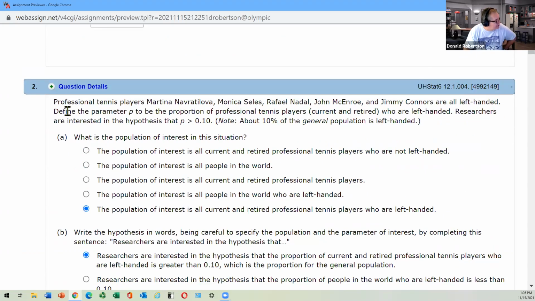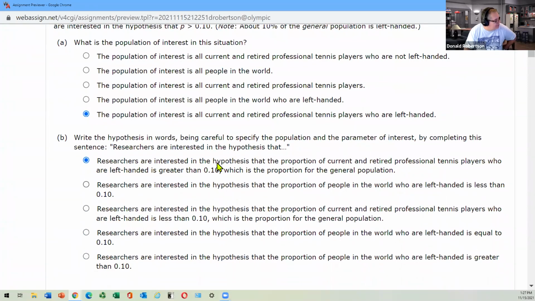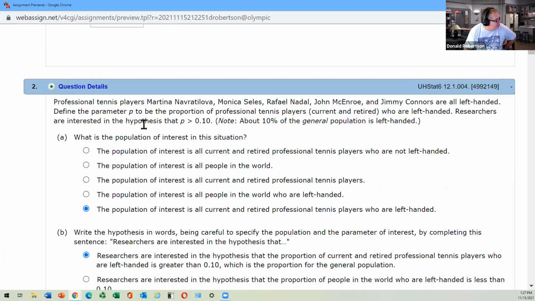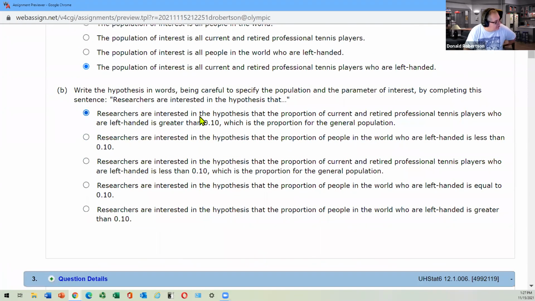Define the parameter P as a proportion of tennis players, current and retired, who are left-handed, which is why I chose that answer, right? And researchers are interested in the hypothesis that this is bigger than 10%. Researchers are interested in the hypothesis that the proportion of current and retired professional players who are left-handed is greater than 0.1. I got lucky, it's the first up.